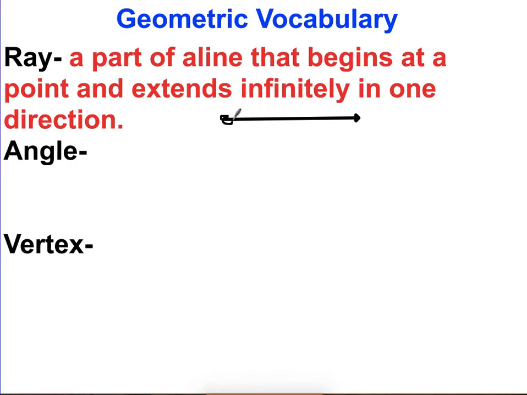And a ray might even be denoted with a letter. So I'm going to put some different letters here. We'll say CE. So this would be ray CE. And the way that we show it is by drawing a ray above those 2 letters. So this is how you would write it if this was on your paper.